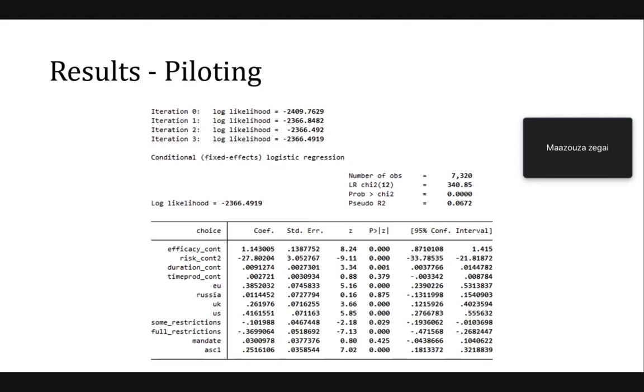Like for example, between Russia and UK, you know that the respondents will always go for choice 1. So you put UK in 1 and then you put Russia in 2, because you know.